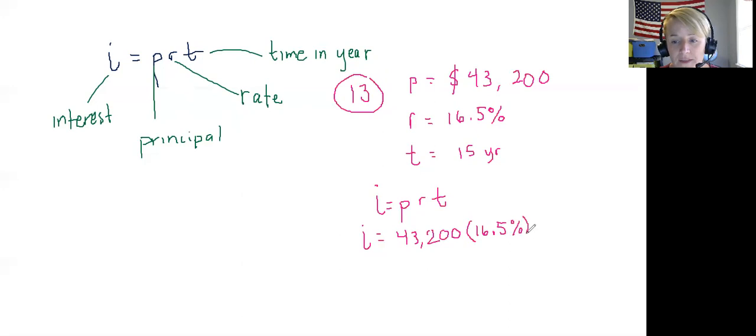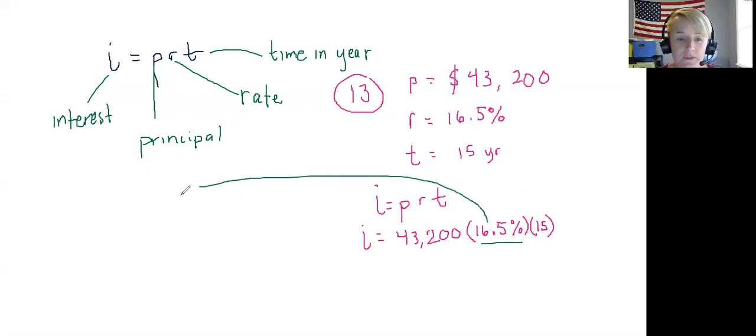And I'm going to multiply that by my time in years, which is 15 years. Now, I'm just about ready to solve this problem, but I do have one little hiccup. One thing that I have to take care of is I can't put 16.5% into my calculator. I must convert this percentage into a decimal. So let's have a little sidebar conversation about this.